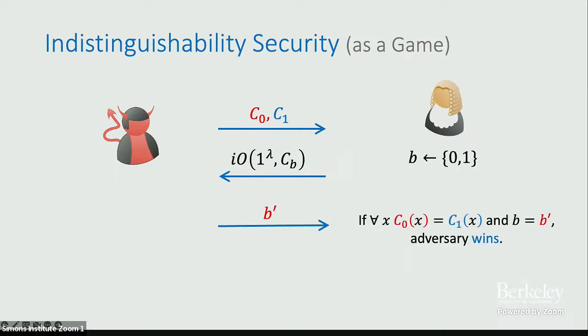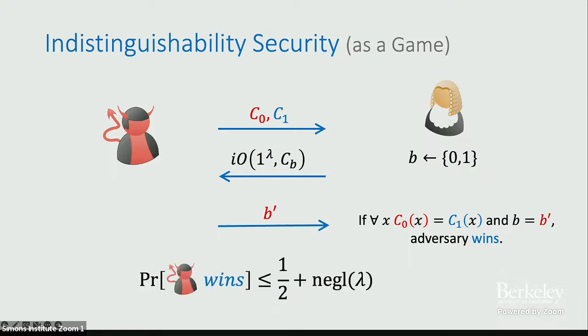In the end, the challenger will verify whether the two programs C0 and C1 are functionality equivalent. Functionality equivalence means that for every input x, C0 of x has the same output as C1 of x. The challenger also checks whether b prime equals b. If both checks pass, then the challenger declares that the adversary wins the game.